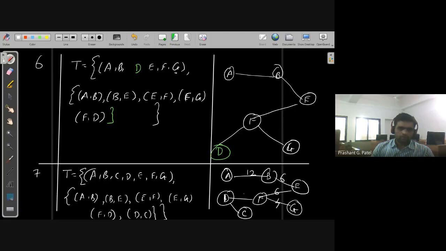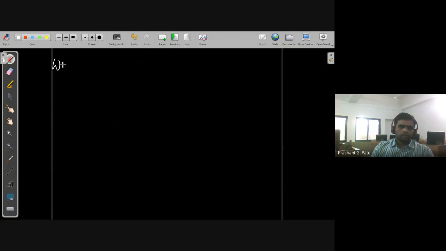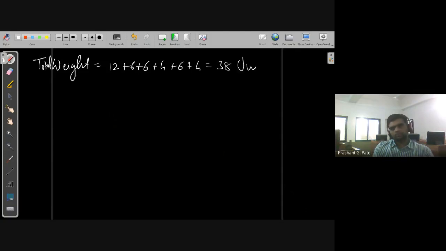F to D is also 6, and D to C is 4. So you can sum them. So the total weight will be 12 plus 6 plus 6 plus 4 plus 6 plus 4, which is 38 units, which is the minimum spanning tree for that problem.